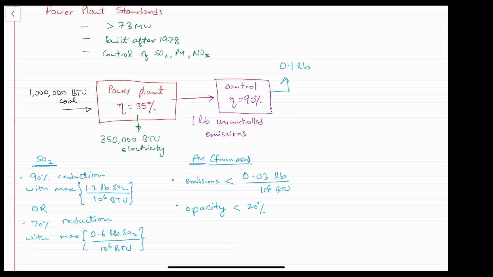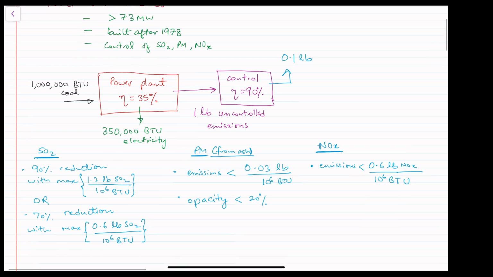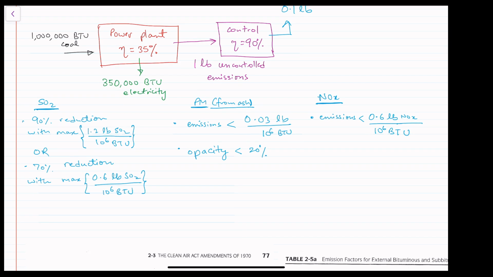And the NOx emissions are limited to 0.6 pounds of NOx per million BTUs of heat input. Another thing that we will be looking at is the emission factors.